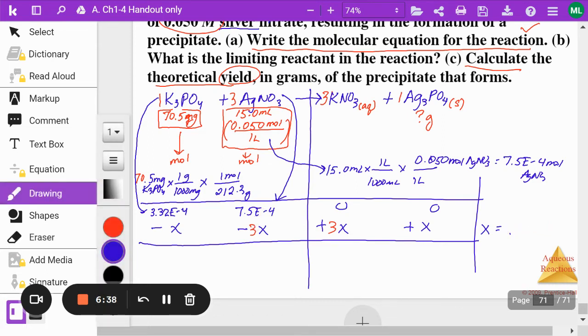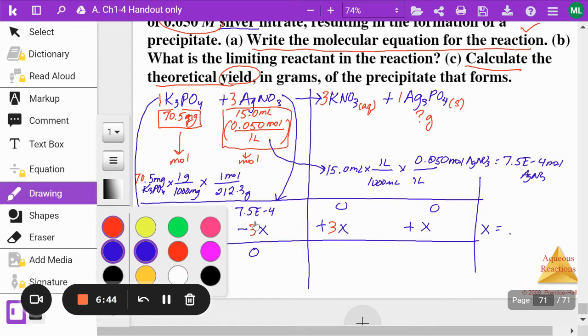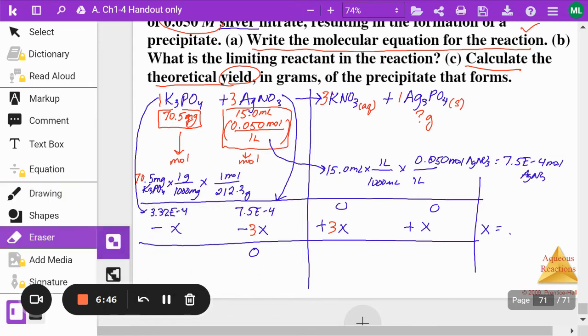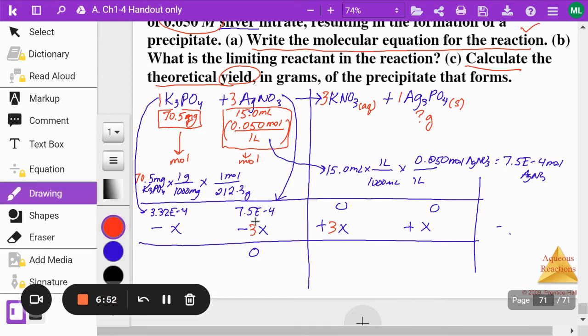So now, what if this were 0? Then X would be equal to, okay, this formula right here. It would be 7.5 E negative 4 minus 3X, so this now is equal to 0.